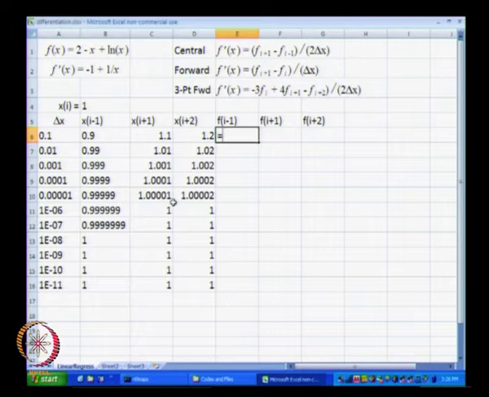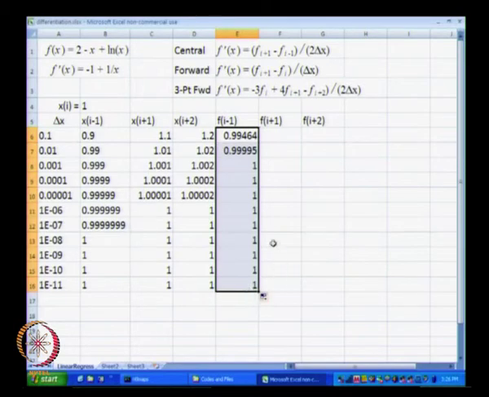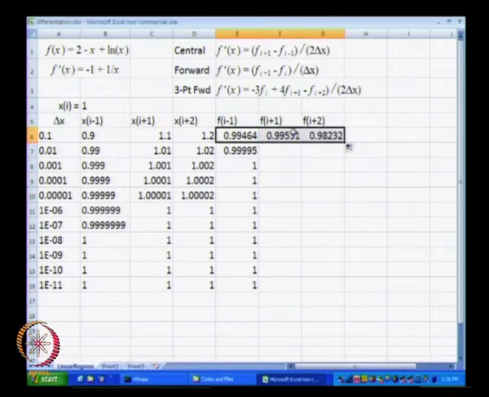That is equal to 2 minus x plus ln of x. So f of i minus 1 is going to be 2 minus this value plus ln of the same value, and we will just drag it.